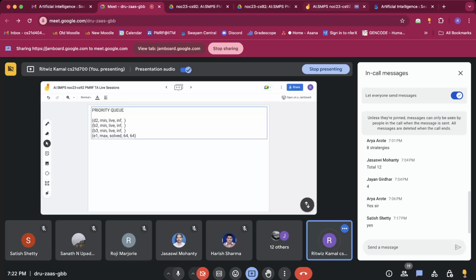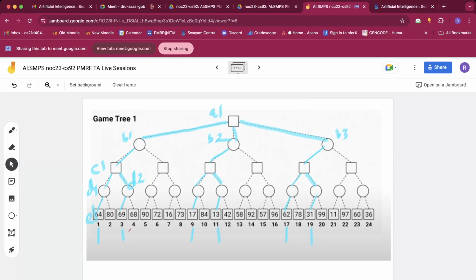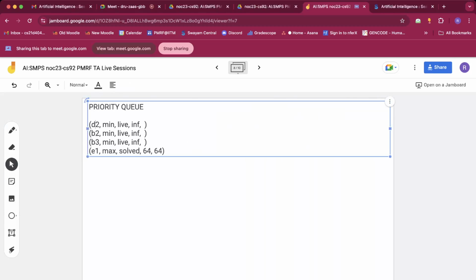We will proceed in a similar manner. Again we will pop D2, and instead of D2 we will add the leftmost child of D2, which is E3. So we will add E3, which will be a max node.